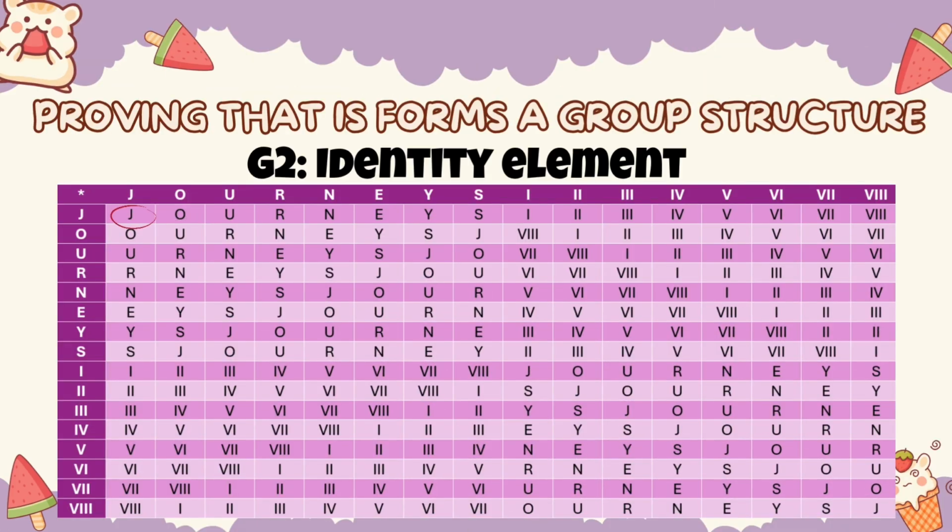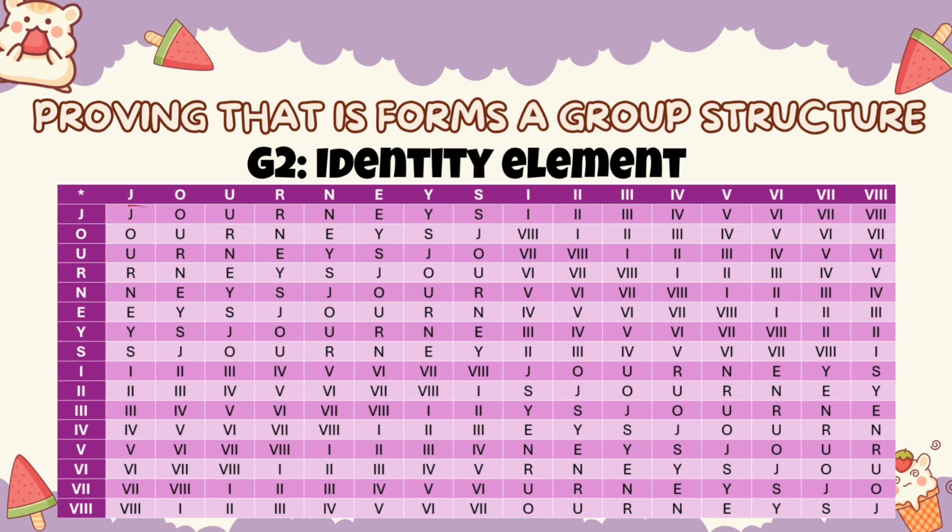In order for us to identify the identity element, we first need to locate the row that matches the element in the outer top row, and next find the column that matches the element in the outer left column. And here, the element at their intersection is the identity element.